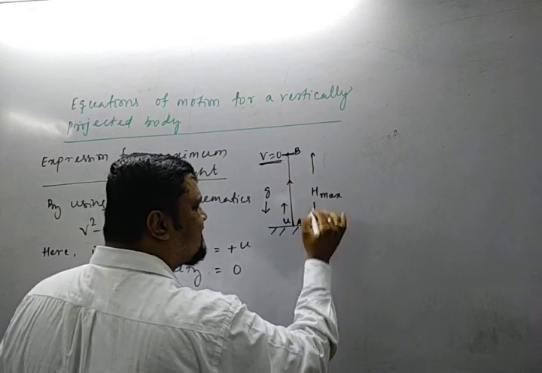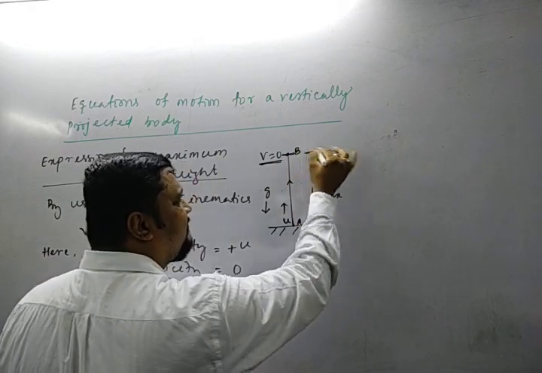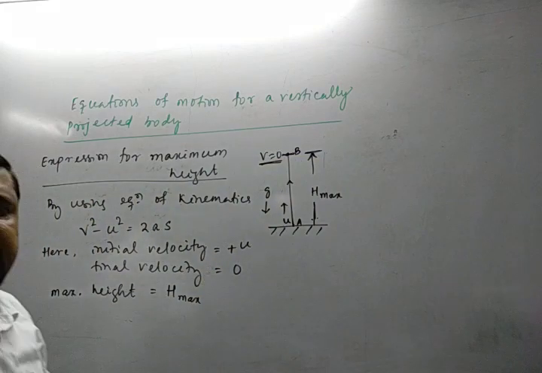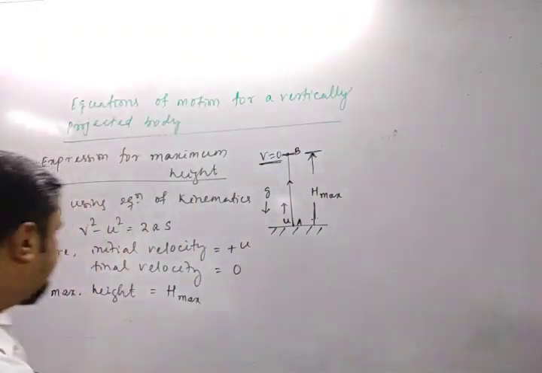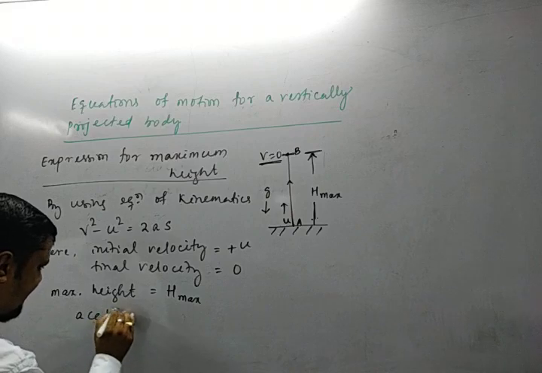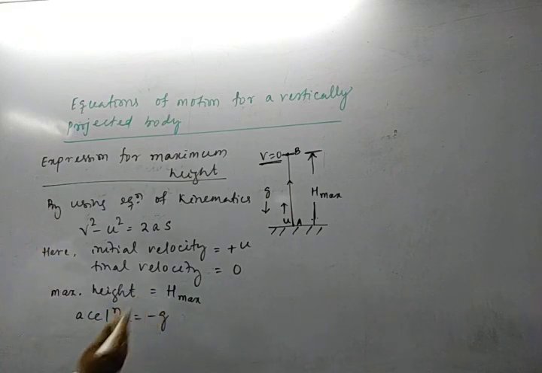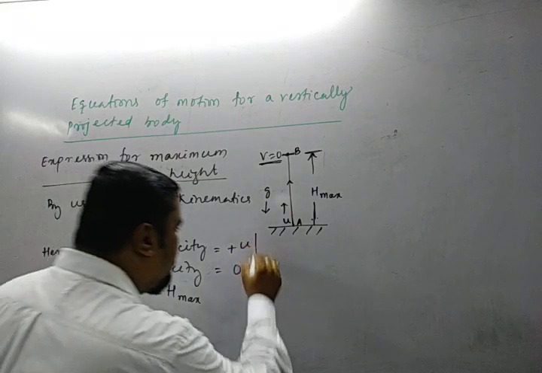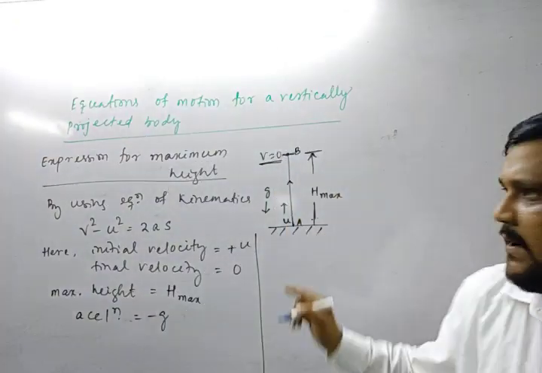Let me write it like this so it is clear: h max, the maximum height. Acceleration: obviously it is minus g. Putting that, what will I get?